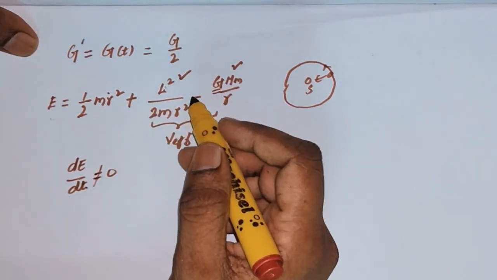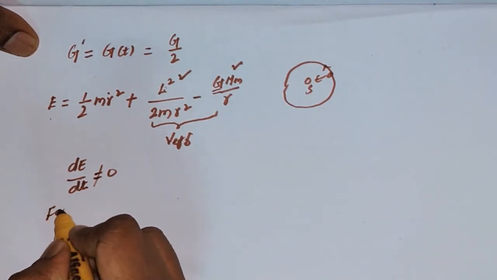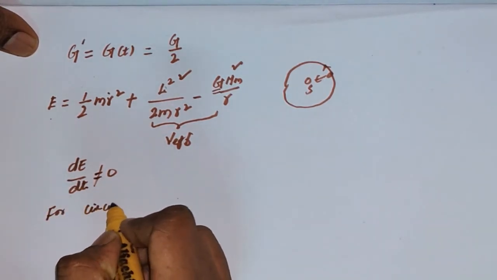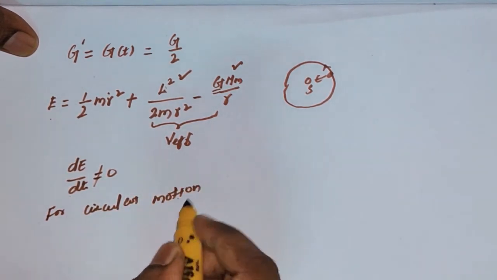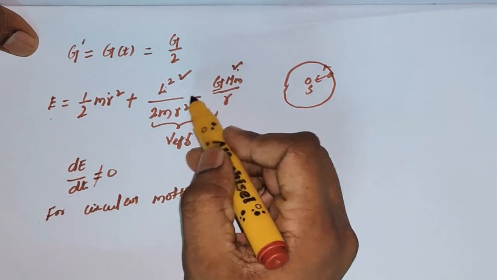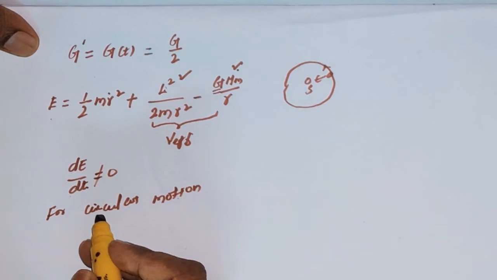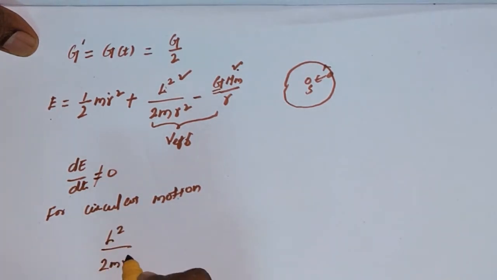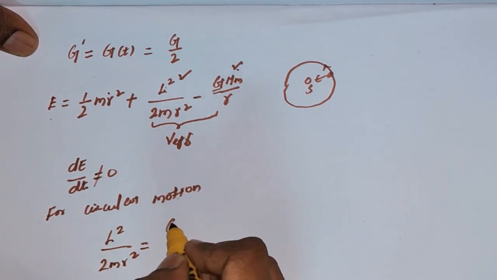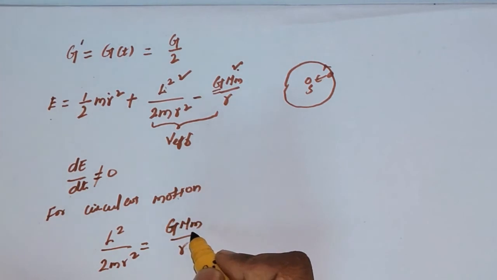Now, for perfect circular motion, the attractive potential energy should be equal to the potential energy arising due to the orbital motion of the planet. So L squared by 2 m r squared has to be equal to G M m divided by r. This is one part we have to understand.